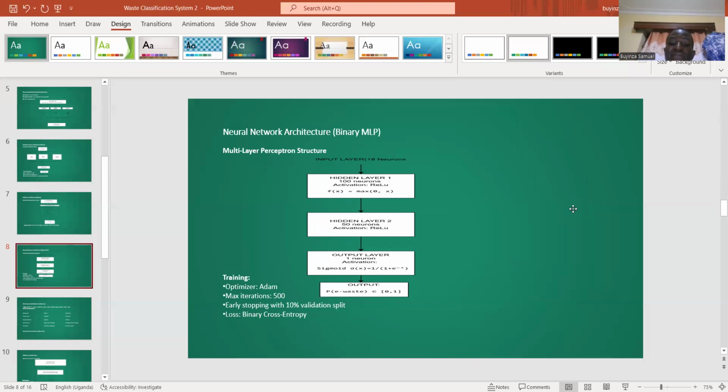That is for the output for the e-waste. That is our point of concern. Then when we look at the training, first we have the optimizer, the maximum iterations, or maybe we can call them interactions, any of them.